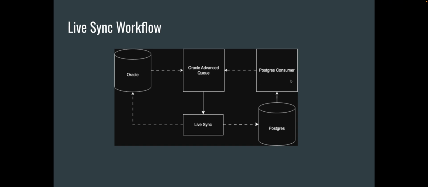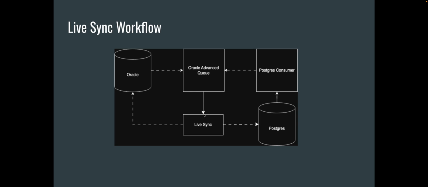So Postgres consumer will then query the queue table, process those records, and pass them over to Oracle Advanced Queue, and then Oracle Advanced Queue will in turn be read by the live sync process. The new part in live sync will be to read the destination of that update.